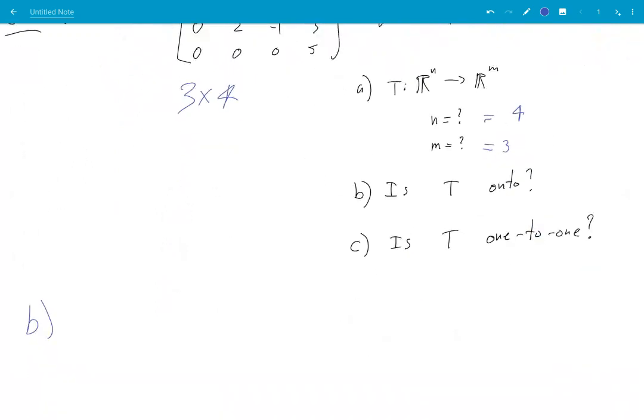Well, the answer is yes, using theorem 4. Theorem 4. A has a pivot for every row.